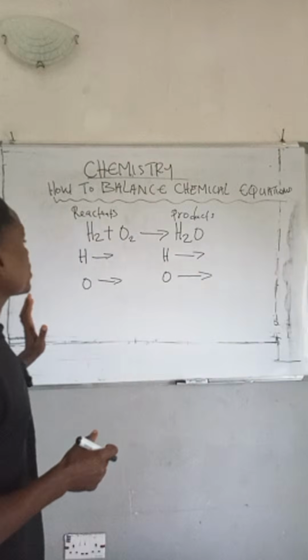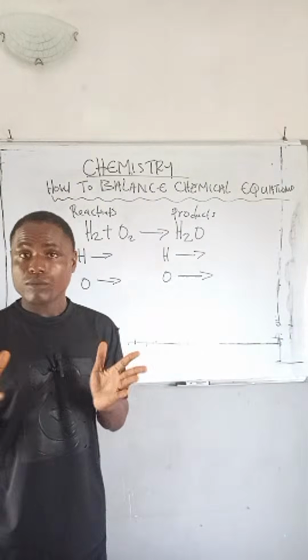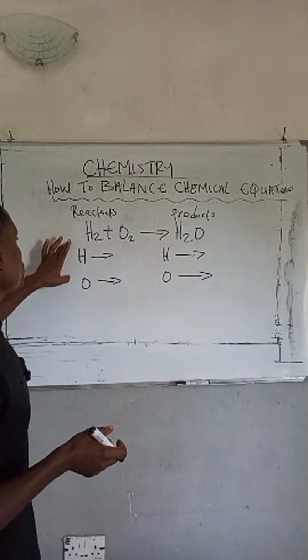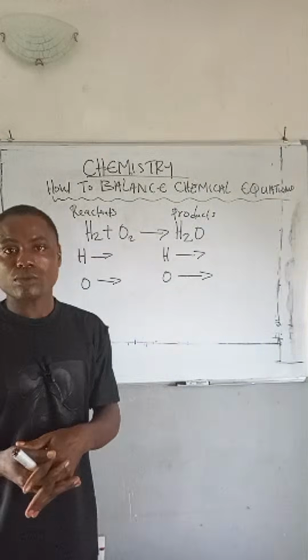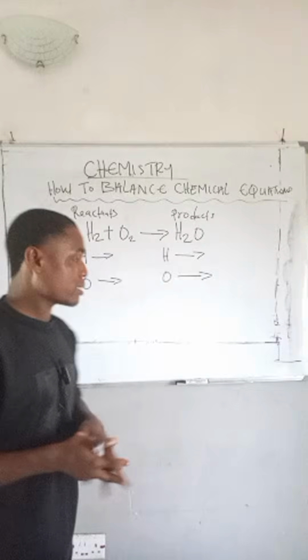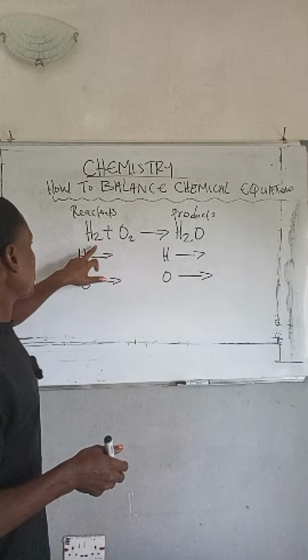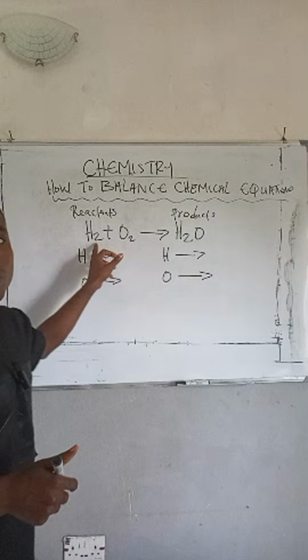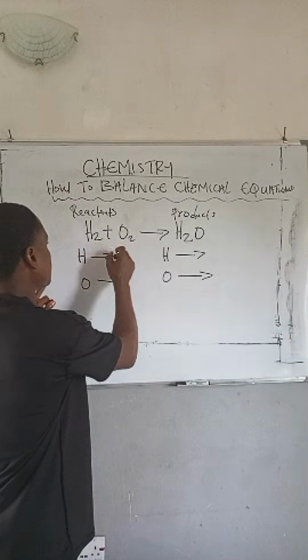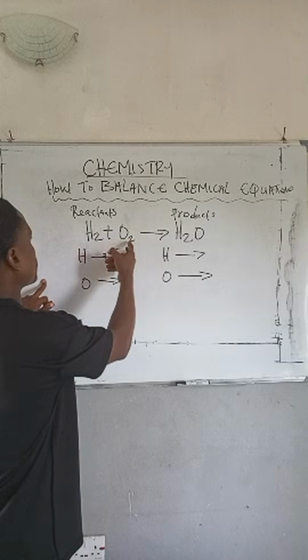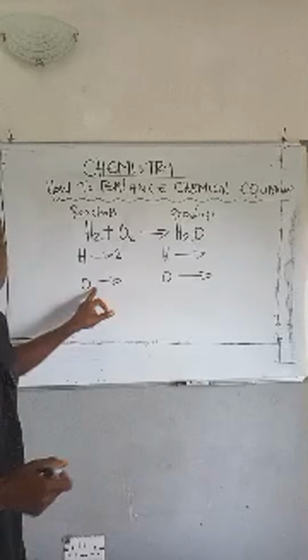Now the second thing we need to do, please follow me. The second thing to do is to write out the given atoms, or the given subscripts. Are you getting it? You notice that hydrogen contains how many atoms here? Two, right? It contains two atoms, so you write it in front of hydrogen. What of this one, which is oxygen?